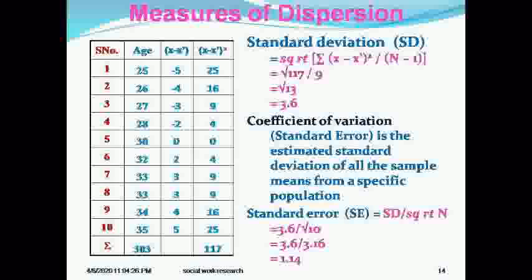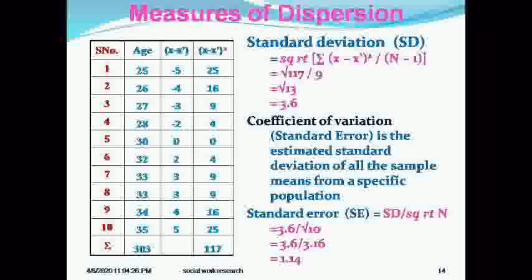Now there is one statistical procedure to estimate this coefficient of variation, in other words the standard error. It is standard deviation divided by square root of n. Now standard deviation in this example is 3.6 and total number of observations is 10.